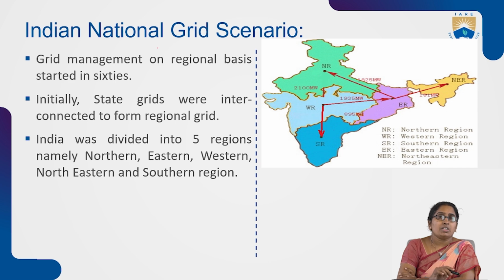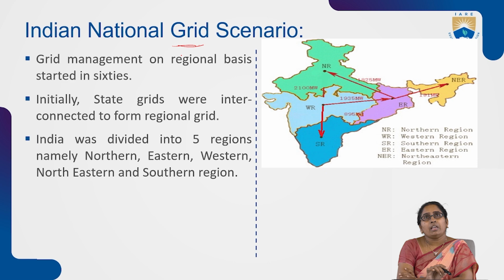Grid means national. It is a common point for the whole nation, under which electrical power has a common operating voltage and frequency as one nation. That is called the national grid. So in India we have the Indian national grid.